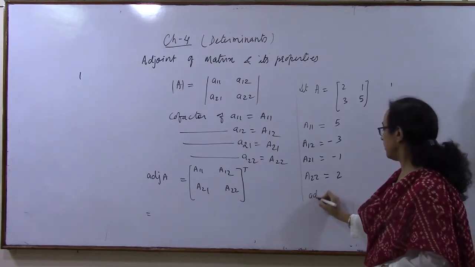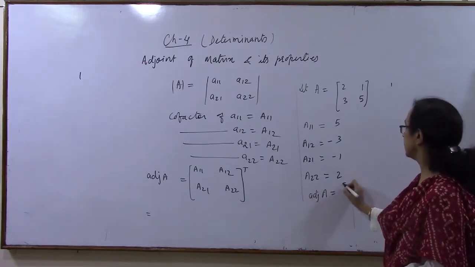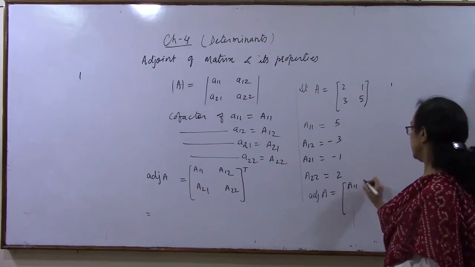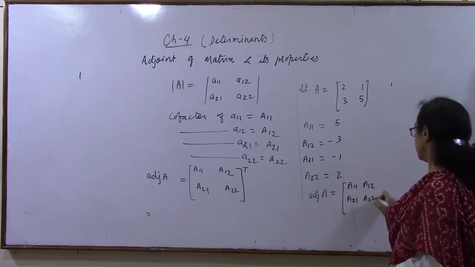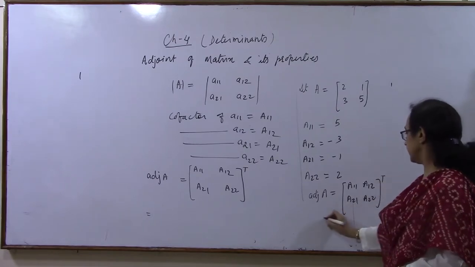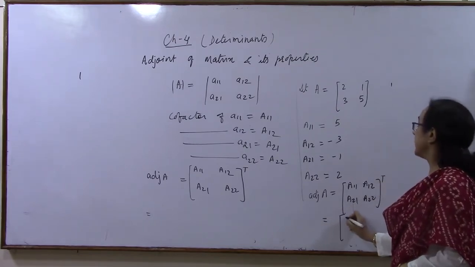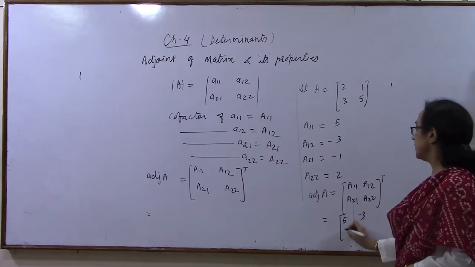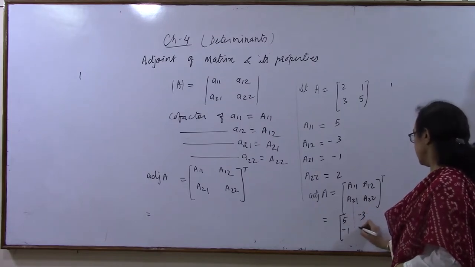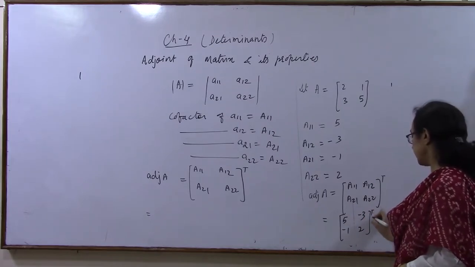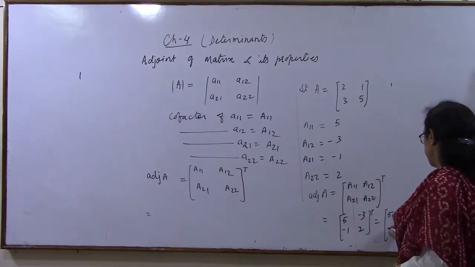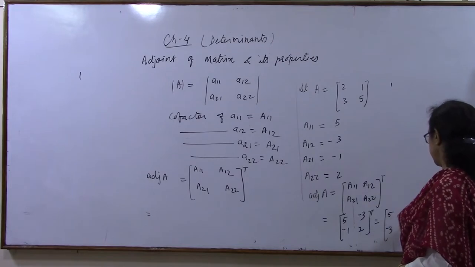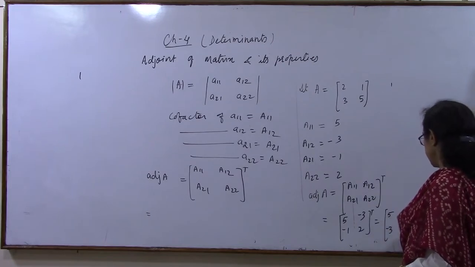Now the adjoint of matrix A is the transpose of the cofactor matrix A11, A12, A21, A22, that is 5, minus 3, minus 1, 2. Taking the transpose we get 5, minus 1, minus 3, 2. It is the answer.